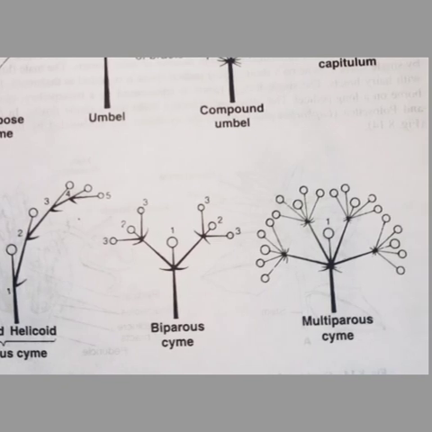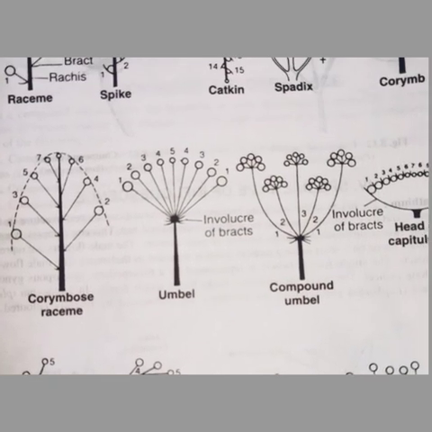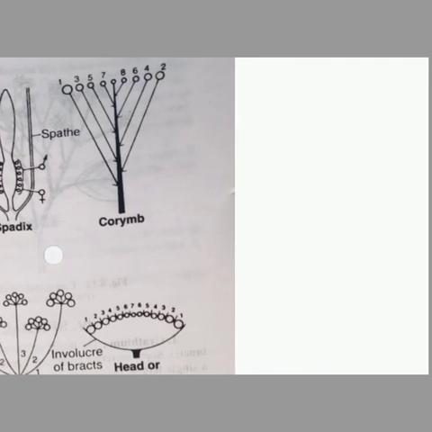It is called scorpioid here, one direction and another, and this is called uniparous. In case of the biparous, you will see that when the flowering takes place at this point, there is a branching and two branches are there. The one branch stops here, then two branches are there, so it is called biparous. And the polyparous or multiparous, polychasial, you will see that when one flower is here, then many branches will be formed. In this way, we can say that these are the cases of the racemose and cymose.